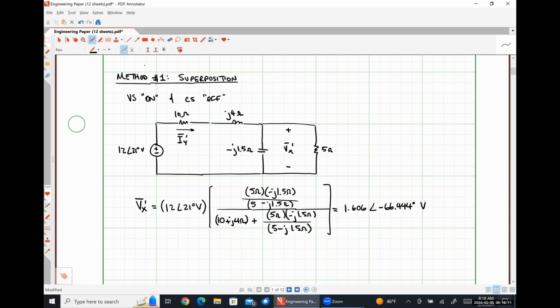As a rectangular form complex number, this looks like 0.642 minus j1.472. So before we move along from here, did anybody else get a different number?